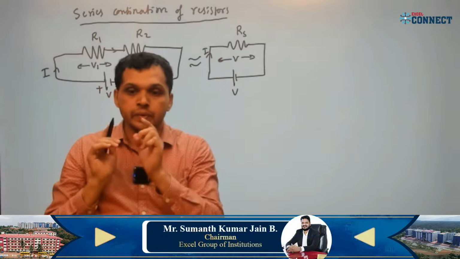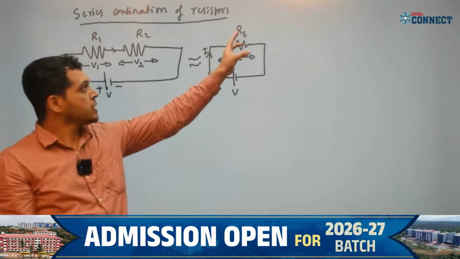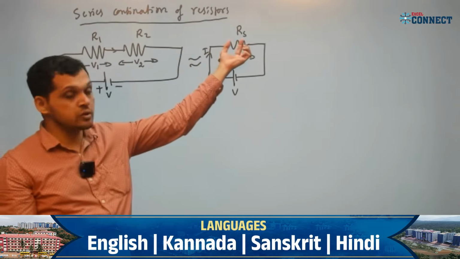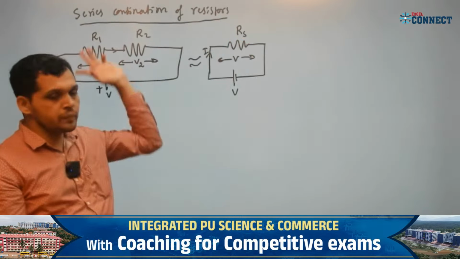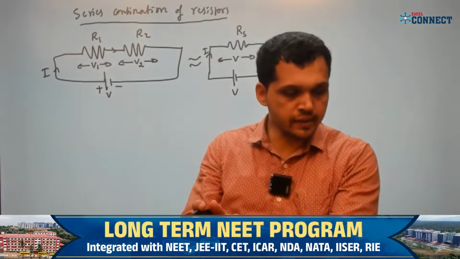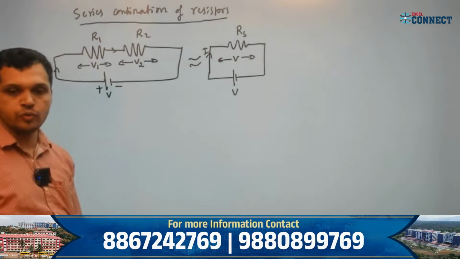Now what I have to do? I'll replace this number of resistors with a single resistor, and the single resistor is equivalent to this combination. I assume that the single resistor is RS. Okay. Now I have to find out the RS value.